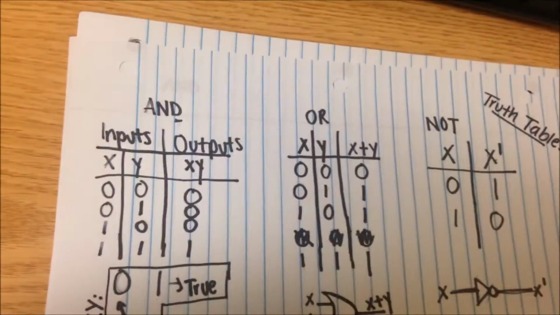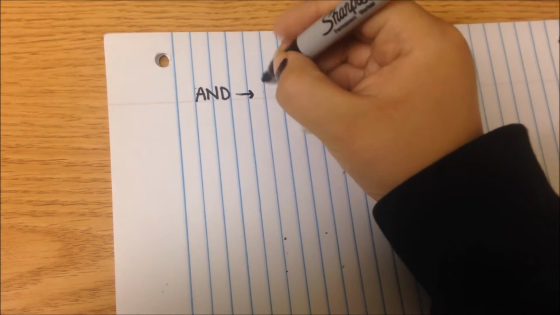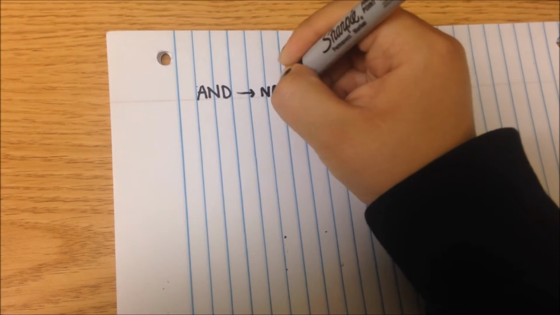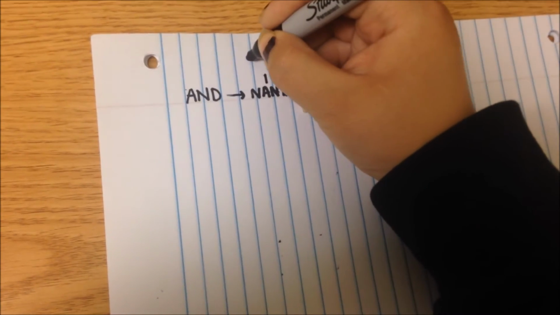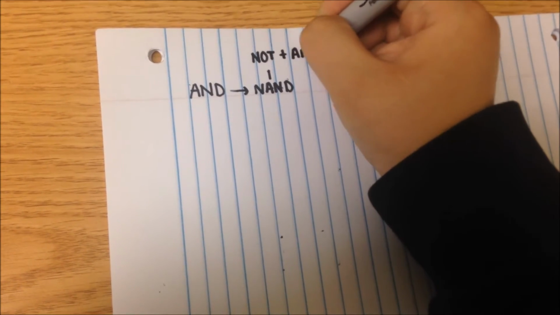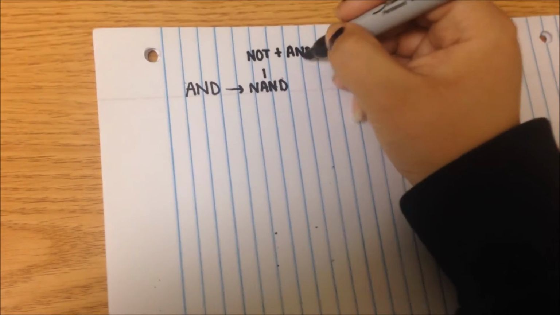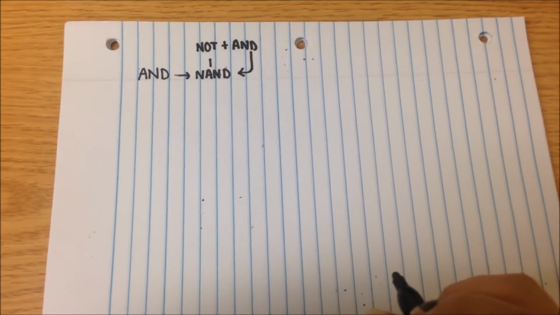But if you take your AND and were given the opposite of AND, it would just be called your NAND. If you think about it, they took the word not and AND together, and they made the word NAND.